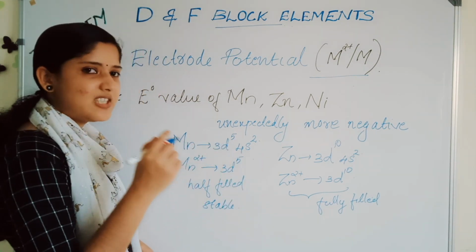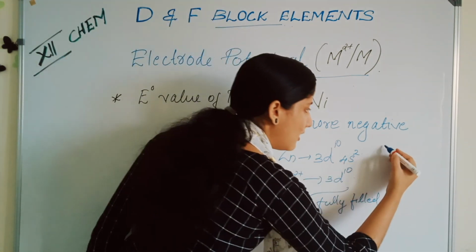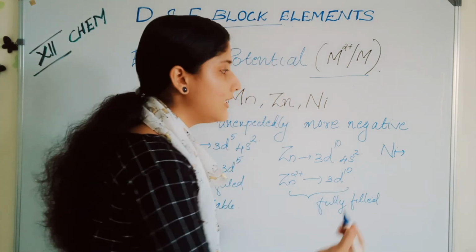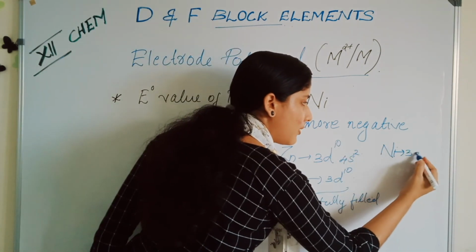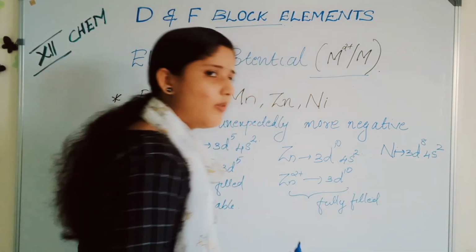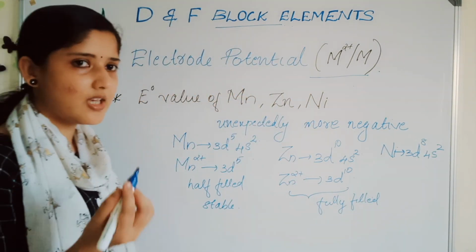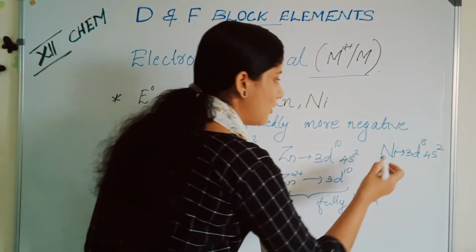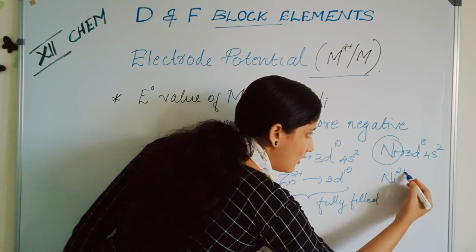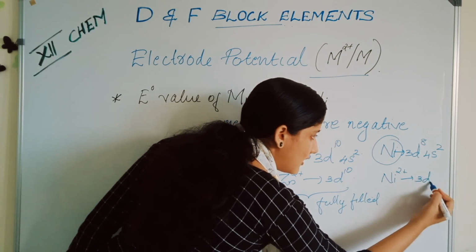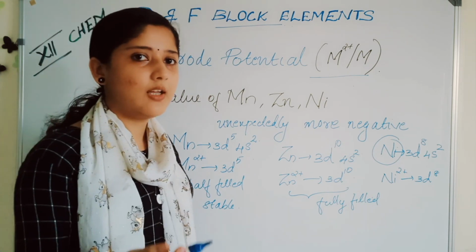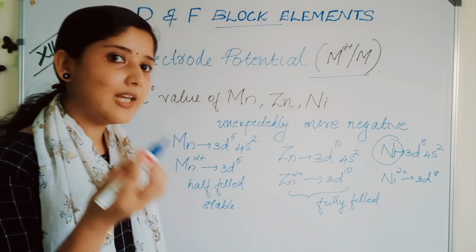For nickel it is 3d8 4s2, right? For nickel, the electronic configuration for nickel is what? 3d8 4s2. It is not stable. Then why we will consider it as highly negative? It is because in the case of nickel in 2 plus oxidation state is what? 3d8. For nickel also it has high hydration enthalpy. That is, the hydration enthalpy is highly negative.